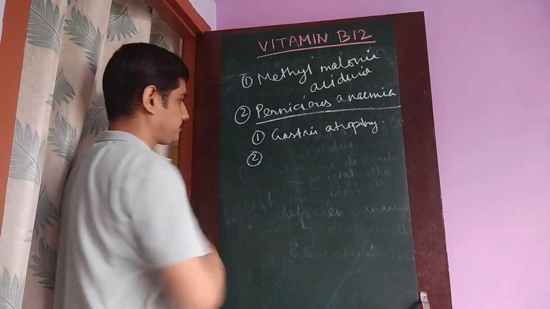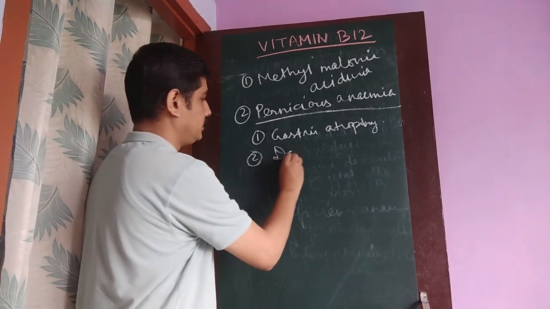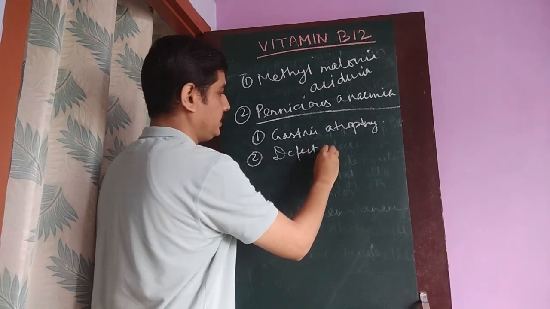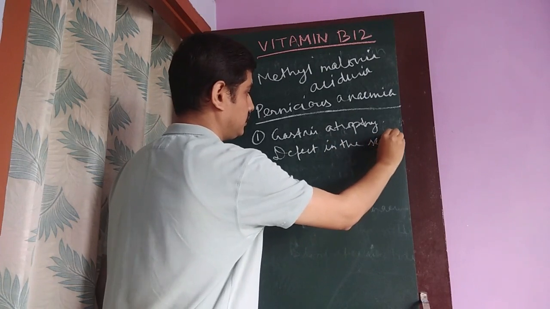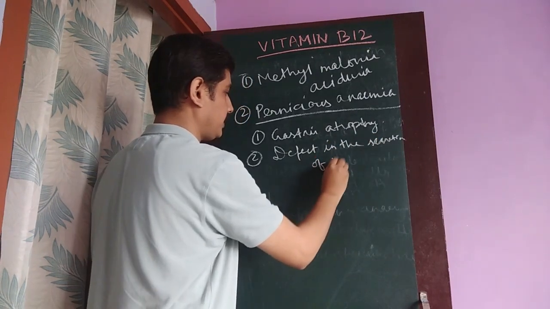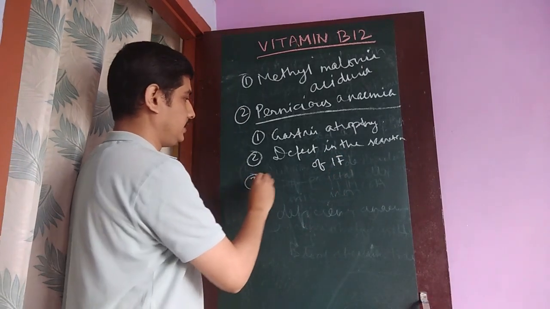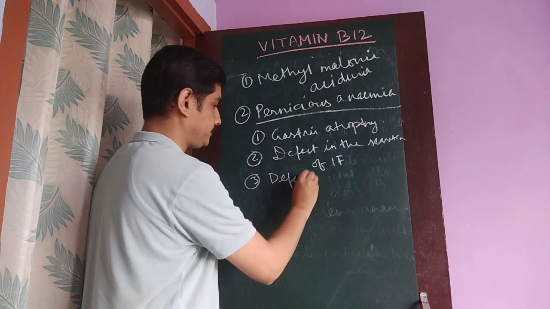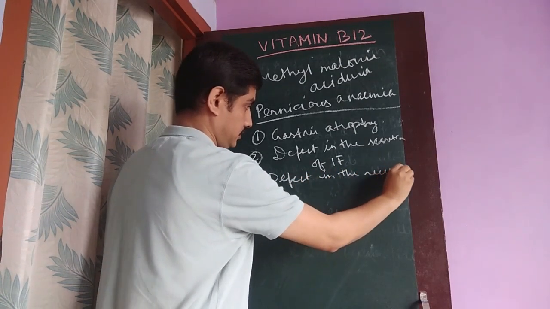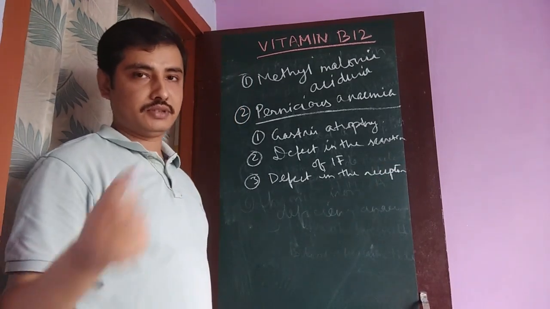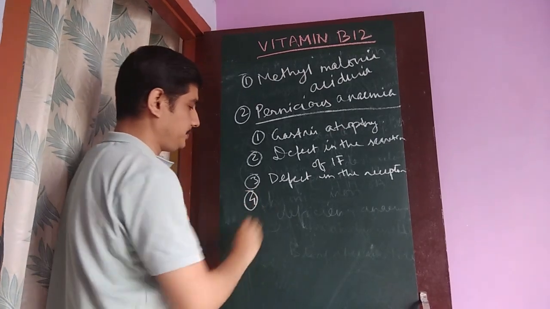Number 2, if there is any defect in the secretion of intrinsic factor, which is required for vitamin B12 absorption, and if there is any defect in the receptor which is responsible for absorption of vitamin B12 inside the cell.